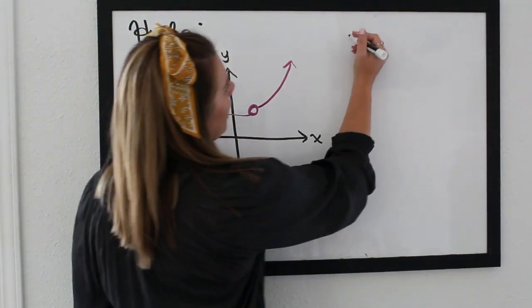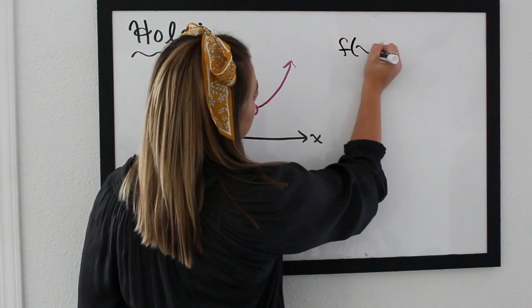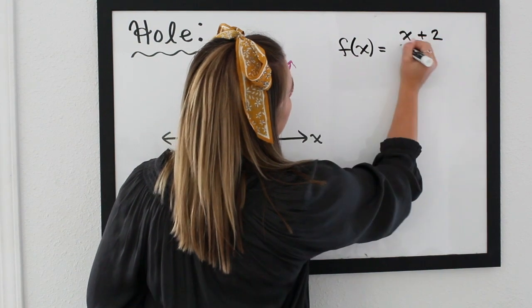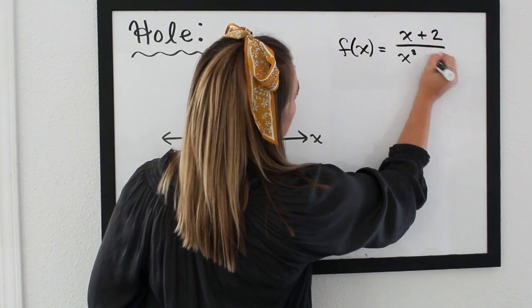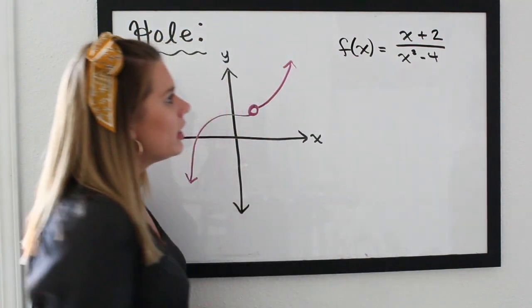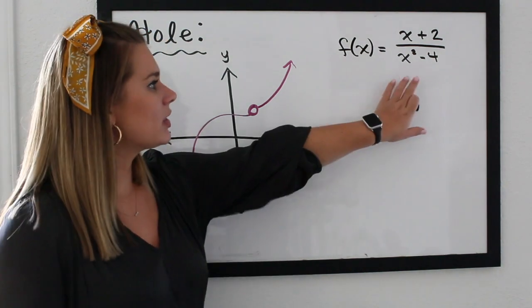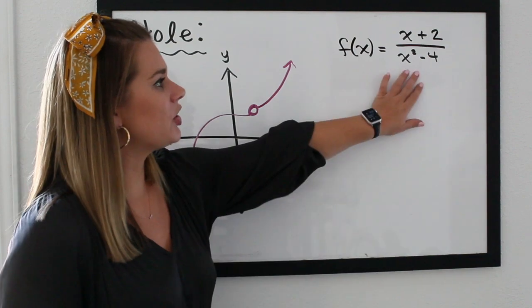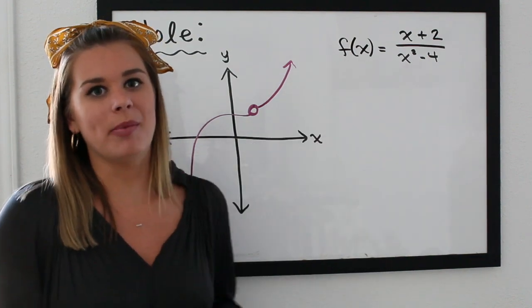If I have f of x equal to (x plus 2) over (x squared minus 4), I want to determine if this rational equation has a hole. The first thing I'm going to do is factor the denominator.